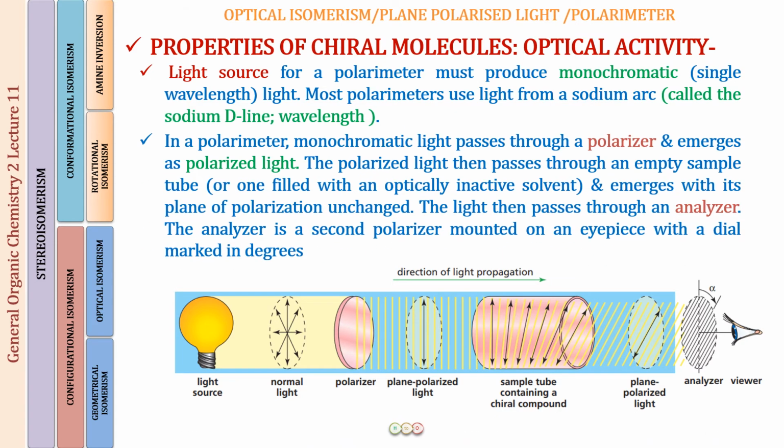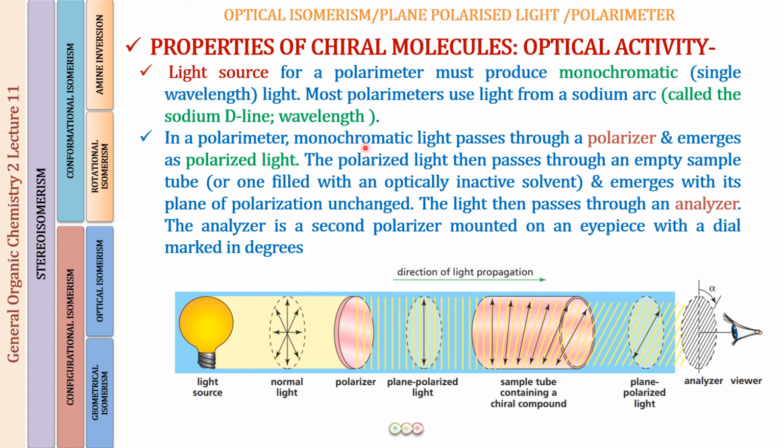So next, what we will be doing? Well, we will be passing this plane polarized light through an empty sample tube. This is a tube in which we are going to place our compound to check its optical activity. But before we keep that compound in the sample tube, we will keep it empty, or we can have an optically inactive solvent in it.